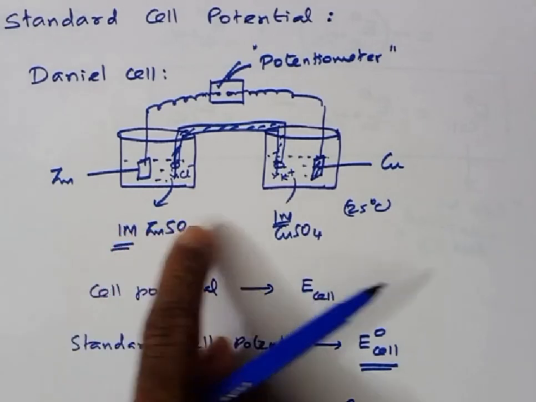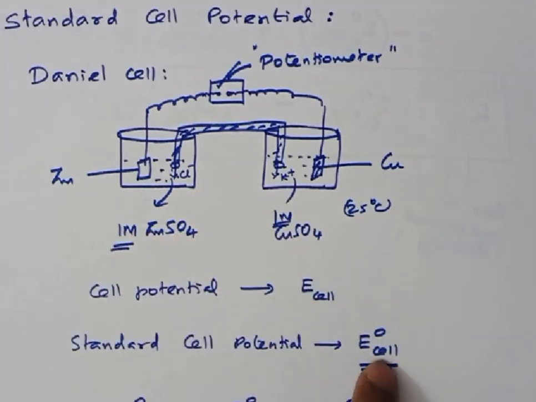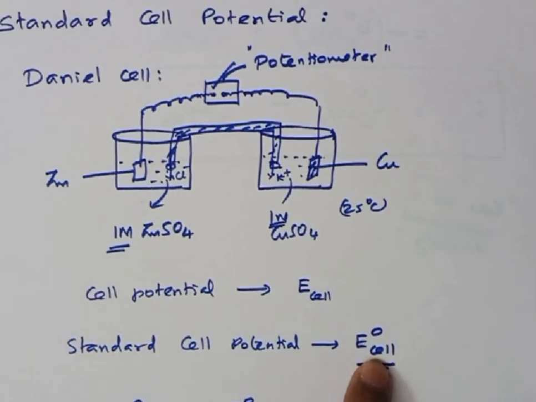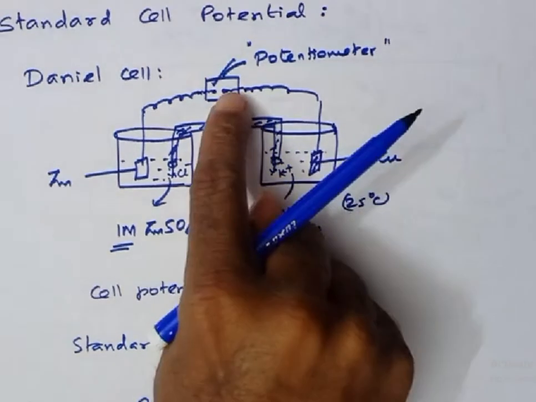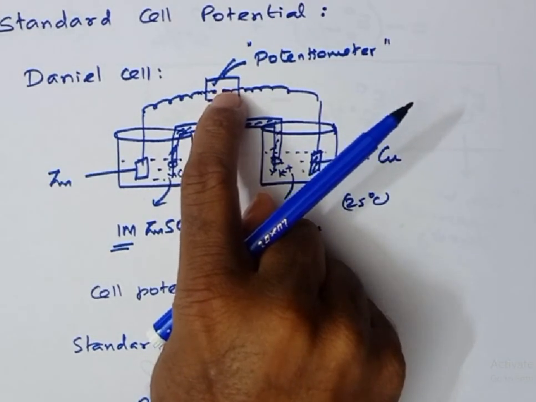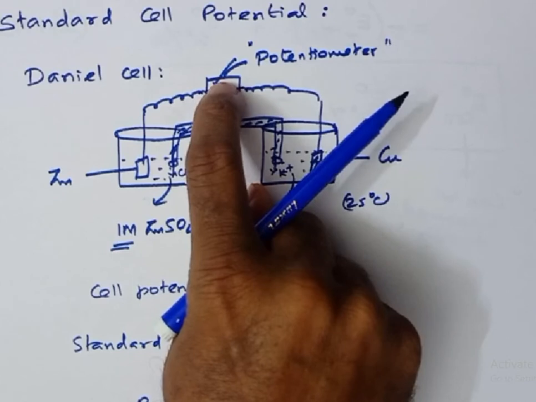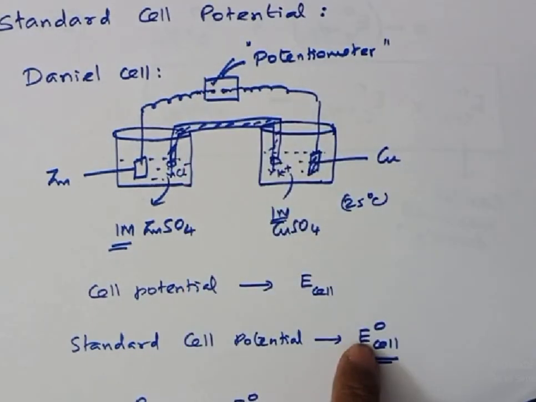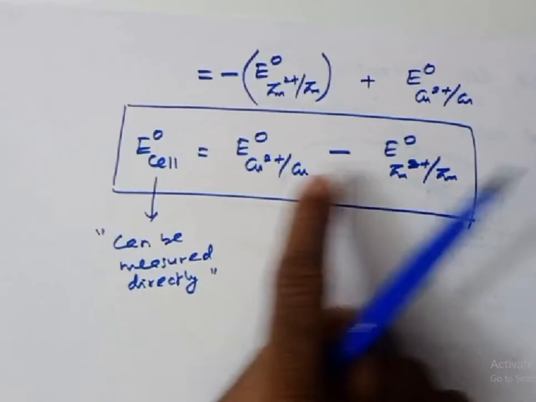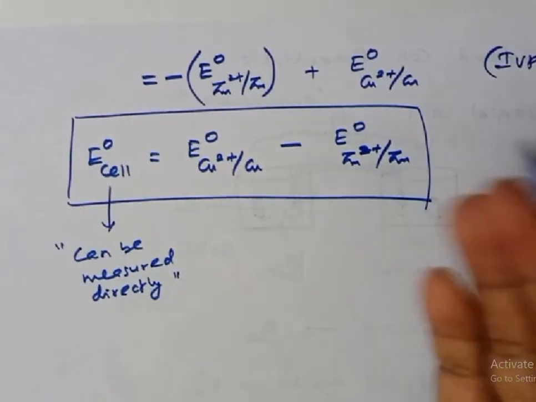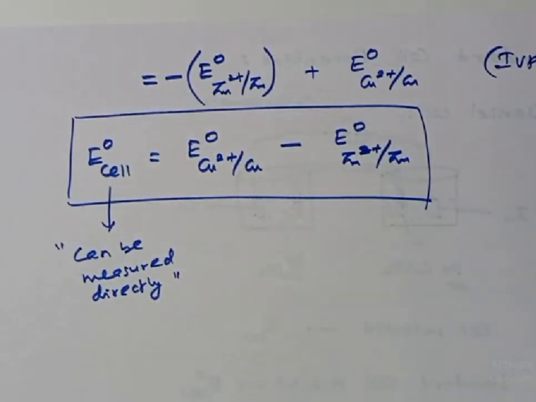Since we have taken 1 molar solution, the potential is standard cell potential. Standard cell potential we can measure directly through experiment, because whatever value appears here is nothing but standard cell potential. But the individual potentials of the electrodes, we have to measure separately, indirectly. How to do that we'll discuss as we go along.